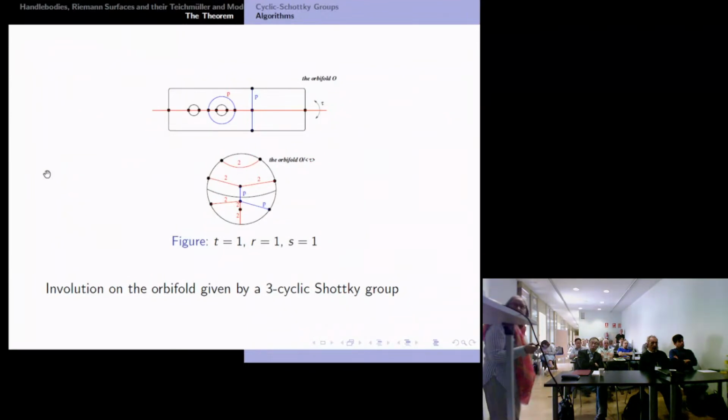This is because whatever the family is, for instance something which is trigonal, the P is equal to 3, and we can always find this involution.